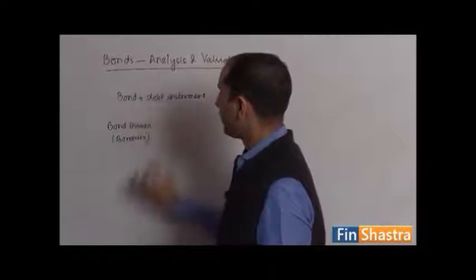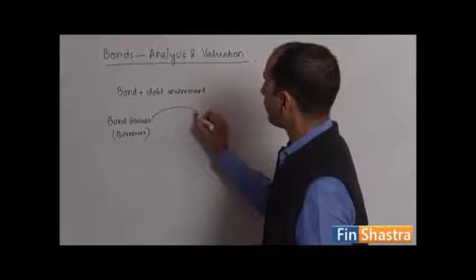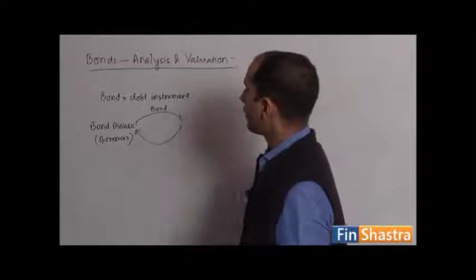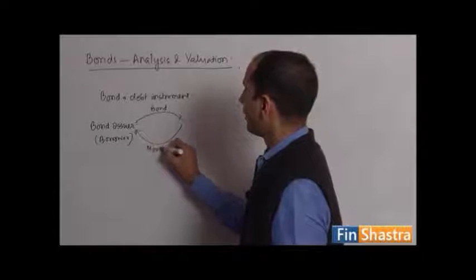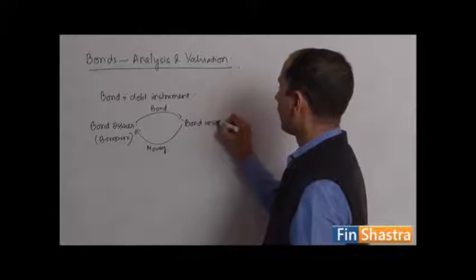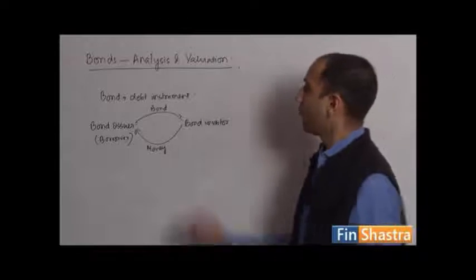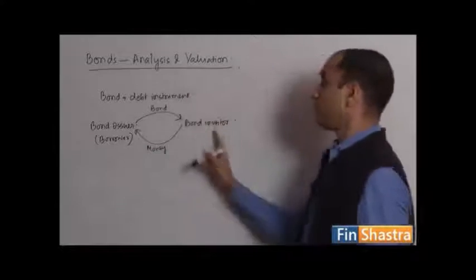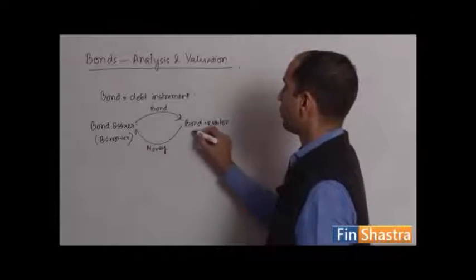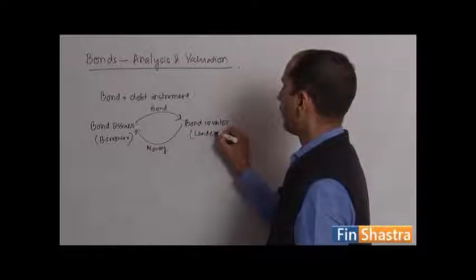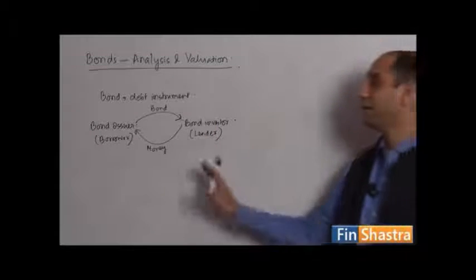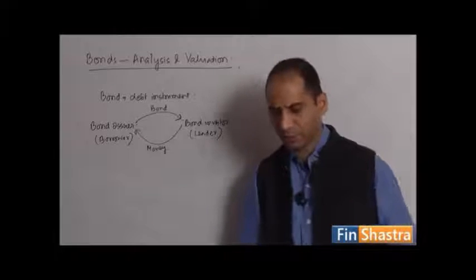He issues a bond, he issues a debt instrument, and the bond investor in turn lends money. So the bond issuer issues a bond to the bond investor, and the bond investor in turn lends money to the issuer. When a bond investor is investing into a bond, he is essentially lending money to the issuer. Okay, that's a very simple way to understand it.